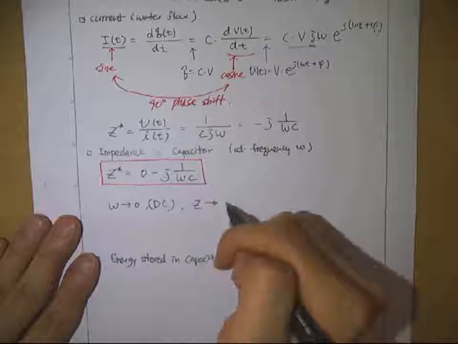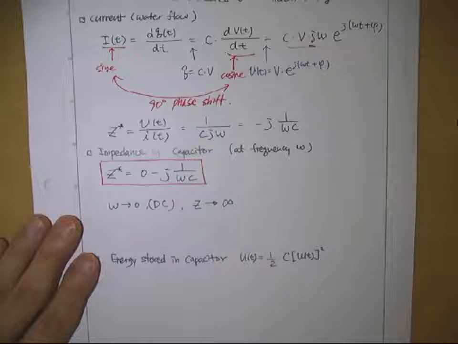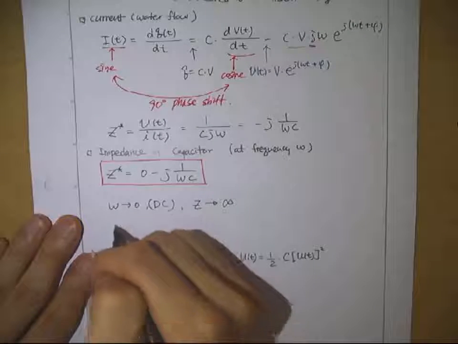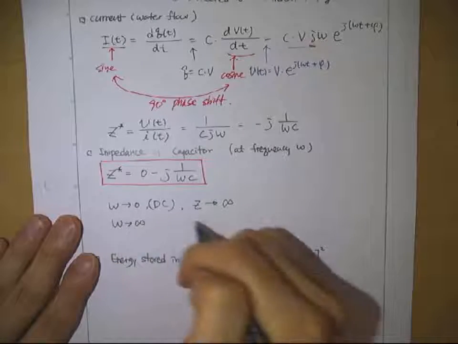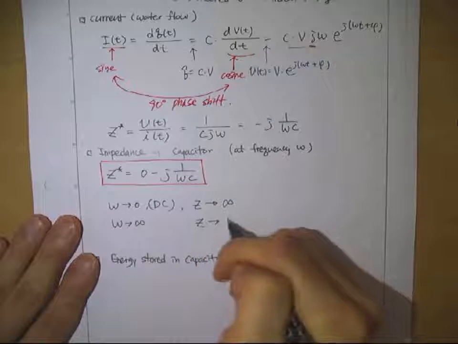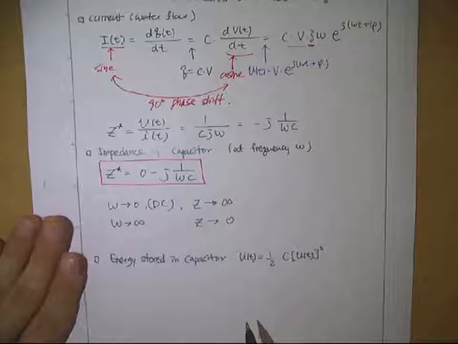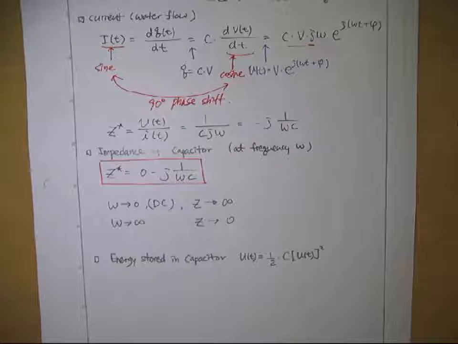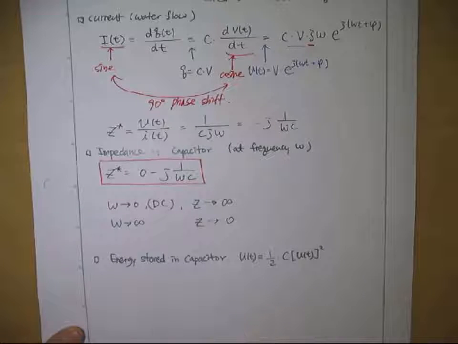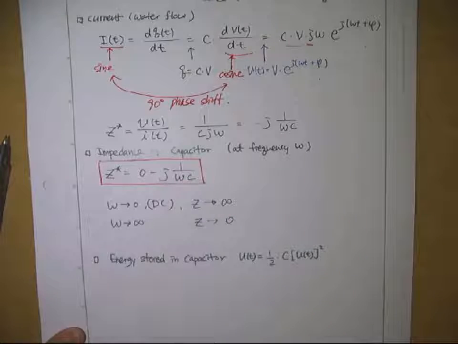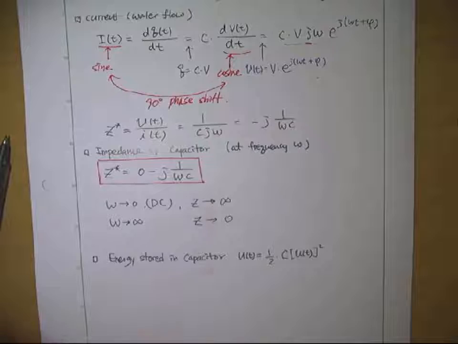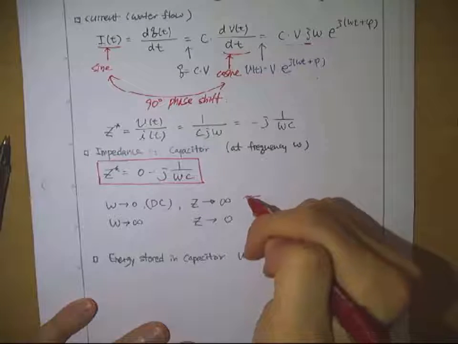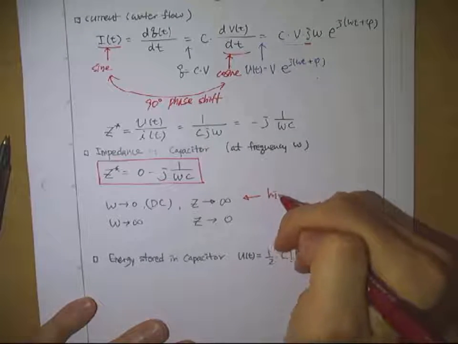So this will go infinite. And as frequency increases to infinity, the impedance goes to 0, which means there's no resistance for current to flow. So if you have a capacitor in the circuit, it plays the role of a high pass filter.